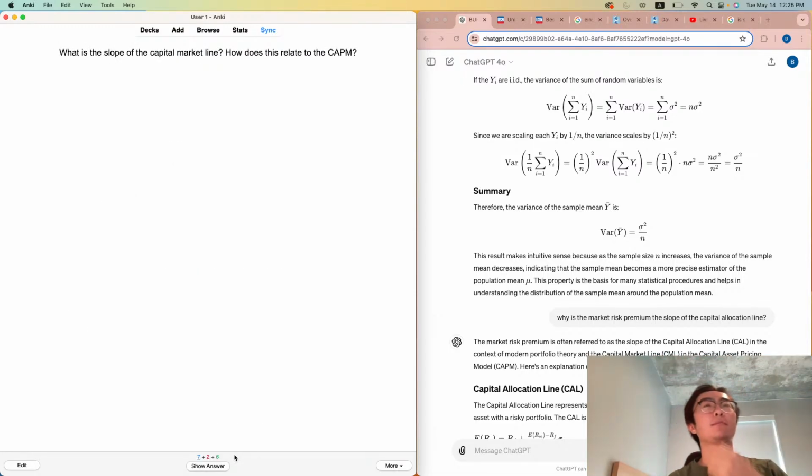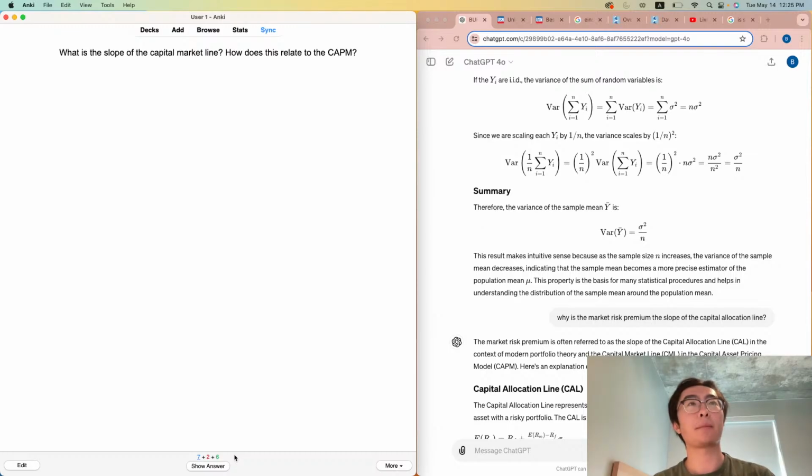Slope of the capital market line, how does it relate to the CAPM? So the slope of the capital market line is the Sharpe ratio of the tangent portfolio. So it's expected return of the tangent portfolio minus the risk-free rate. Then we just divide that by the standard deviation of the returns for the tangent portfolio.